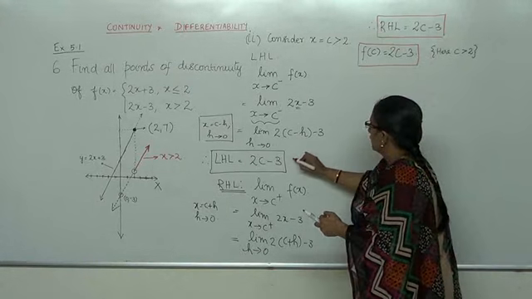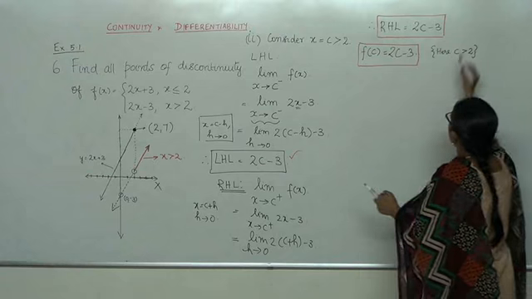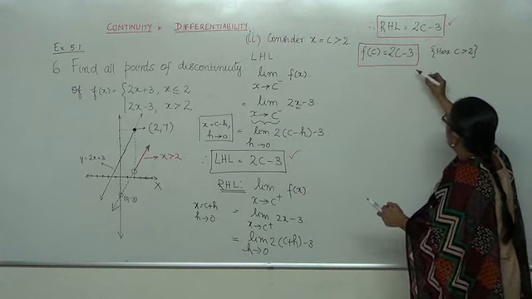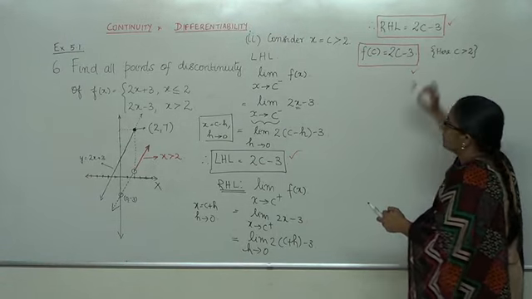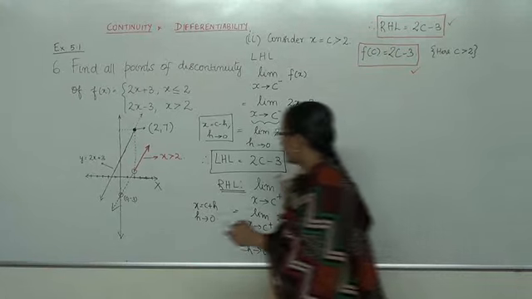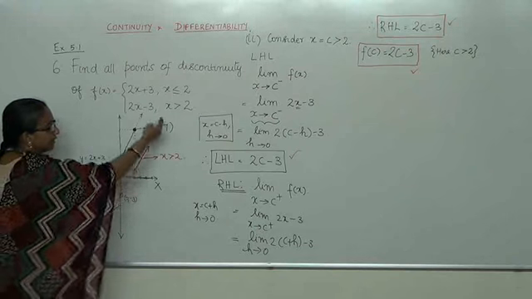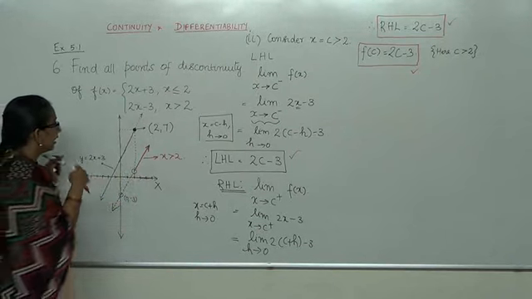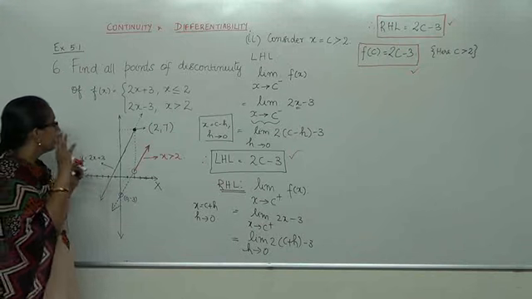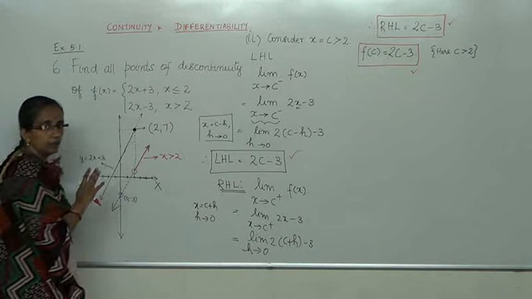So we can see that the LHL is 2c minus 3, the RHL is 2c minus 3, and the value of the function at the point c is also equal to 2c minus 3, which explains that the function is continuous for all values of x greater than 2. So take any value of c which is greater than 2, you will find that the function is continuous.